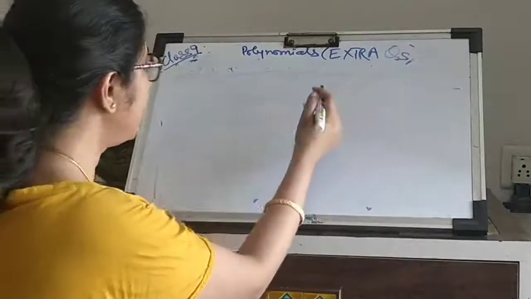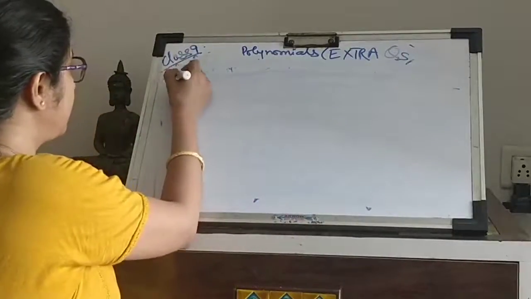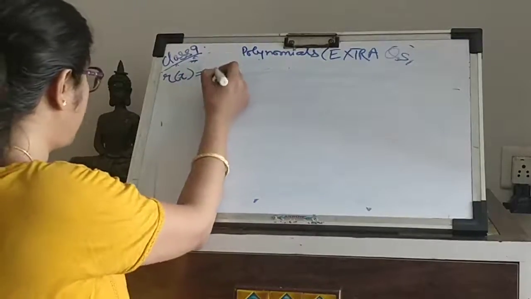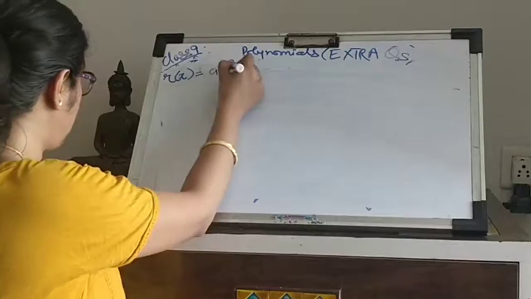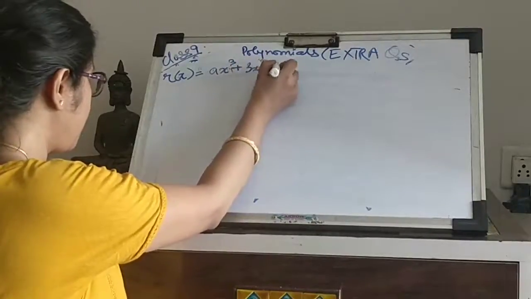So we were given two equations. Let us write here. R(x) is equal to ax cube plus 3x squared plus 4.